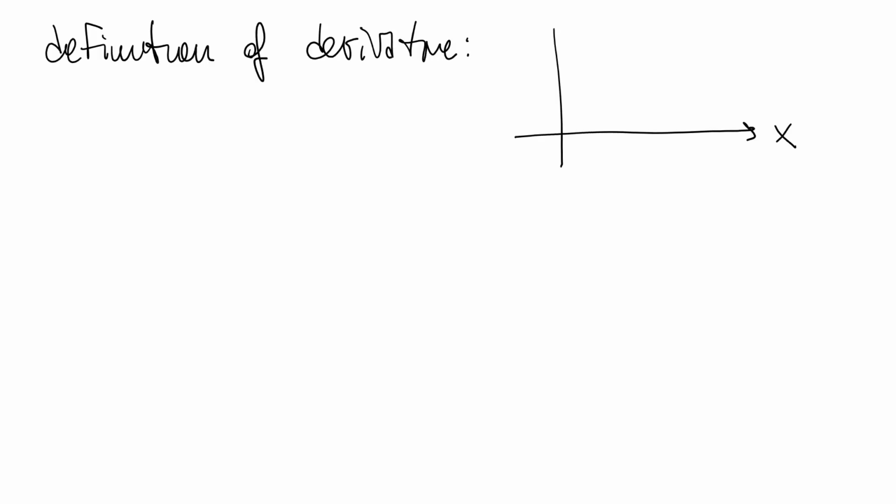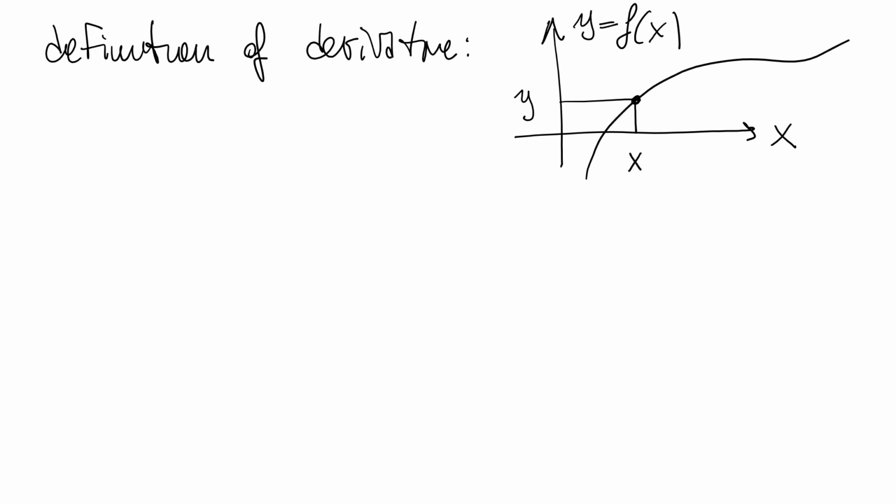We have a function y is a function of x, it could be any function, and we're trying to take the derivative at this position x, and this is basically y. So we're going to have x plus delta x here, and y plus delta y.